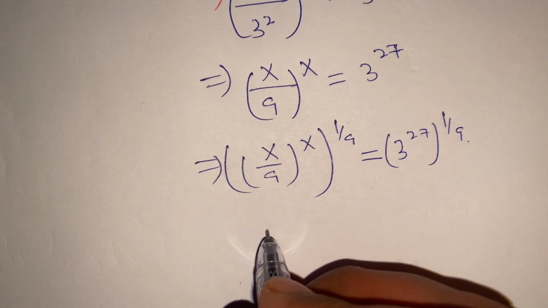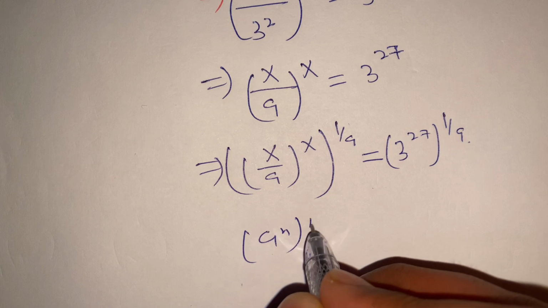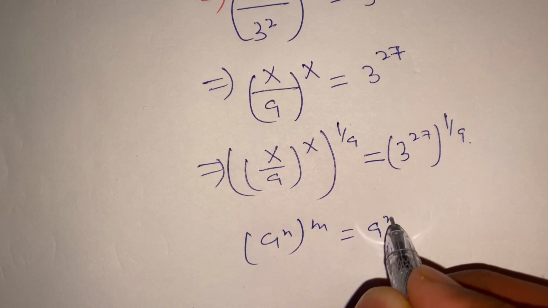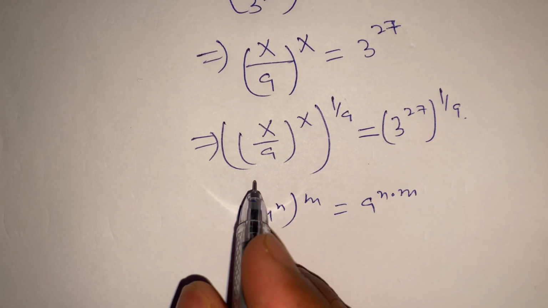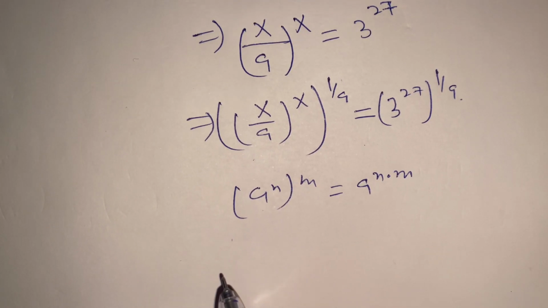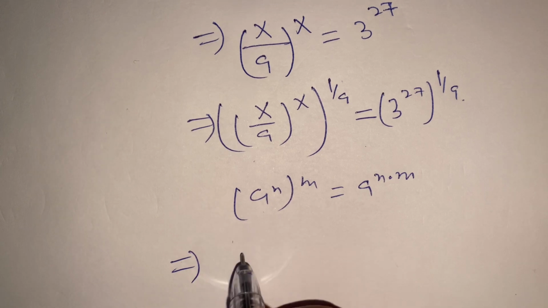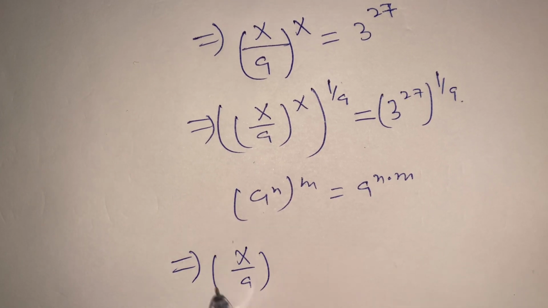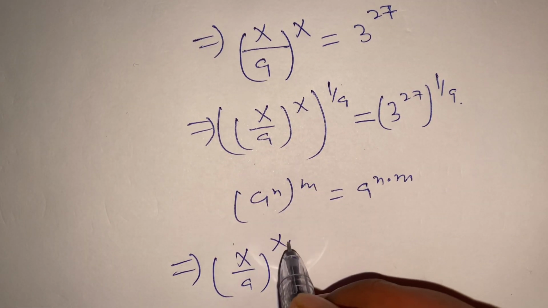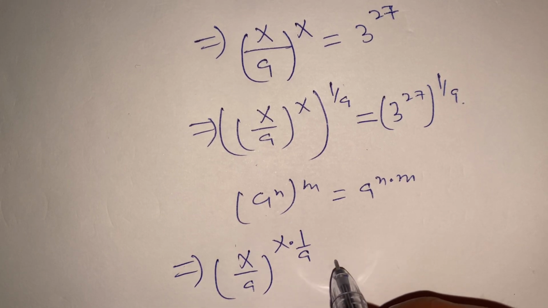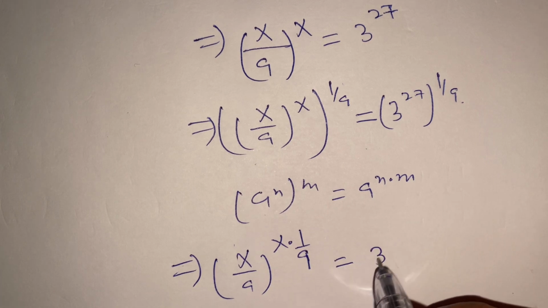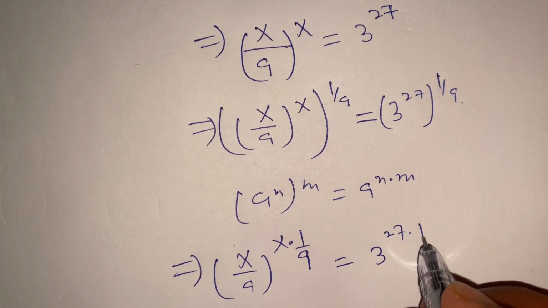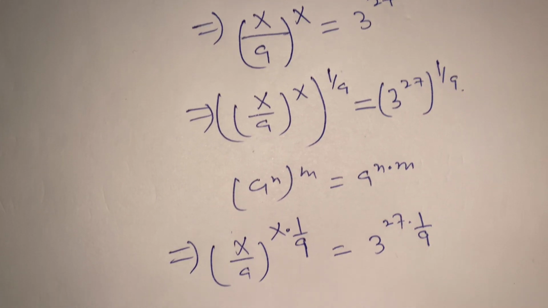Now we know that (a^n) whole power m is equal to a^(n times m). Now we use this identity on the left hand side as well as on the right hand side. We get (x divided by 9) whole power (x times 1 divided by 9), is equal to 3^(27 times 1 divided by 9).